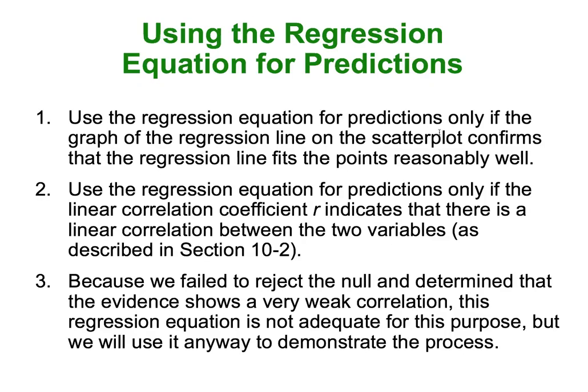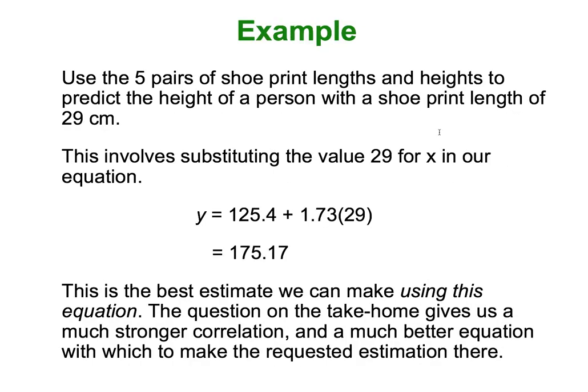The equation that we found in this example, because the correlation is weak, is not suitable to make good estimates, but we're going to pretend like it is for this example.